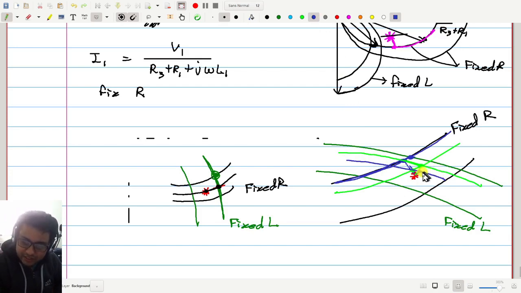So you see, since these fixed R and fixed L lines are not perpendicular, it is taking me many iterations to come to this optimal point, and therefore it may be more boring than this situation.